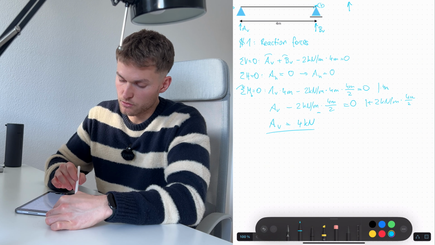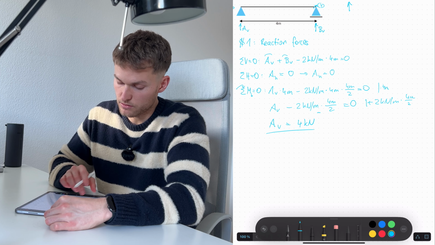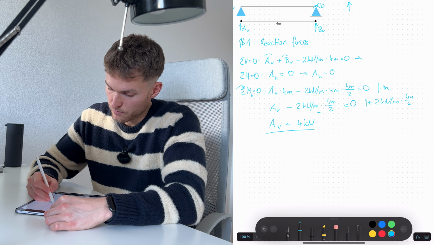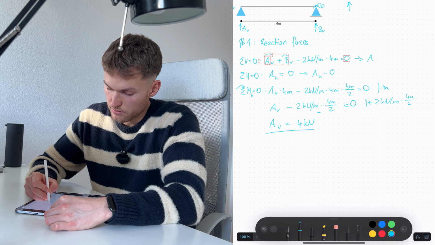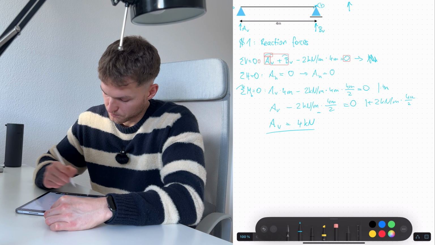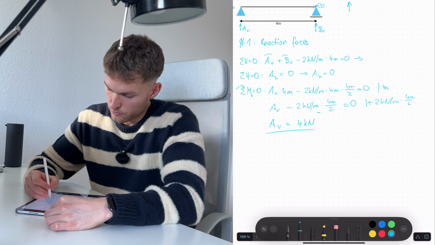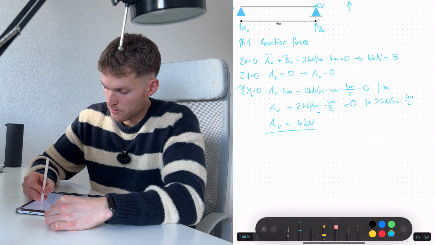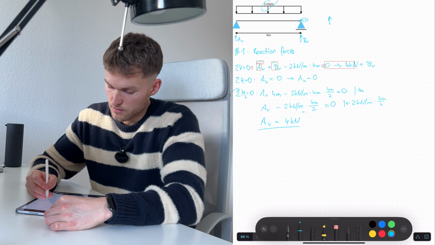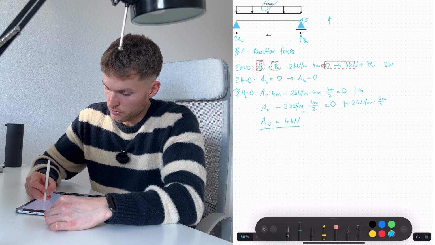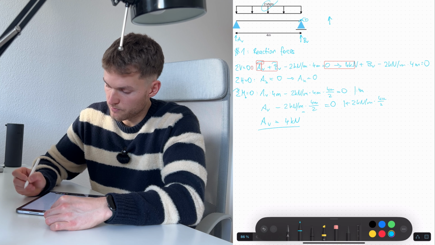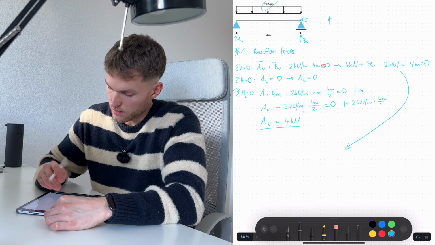And now we can also solve BV because we have AV. So this equation here, sorry, we know AV: 4 kilonewton plus BV minus 2 kilonewton per meter times 4 meter equals 0. Now let's do this down here.